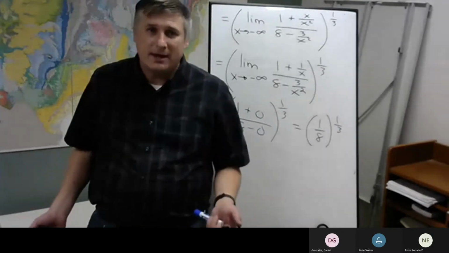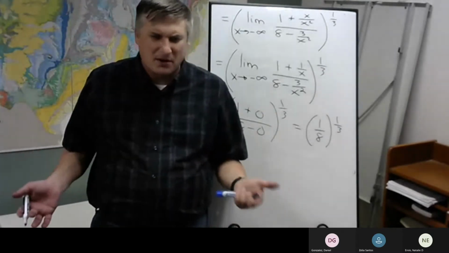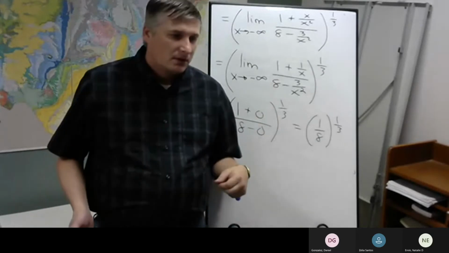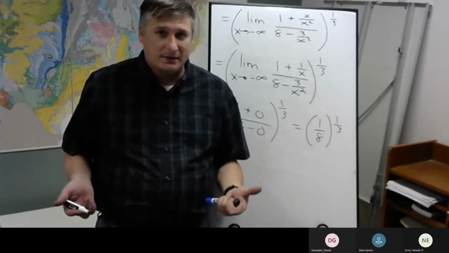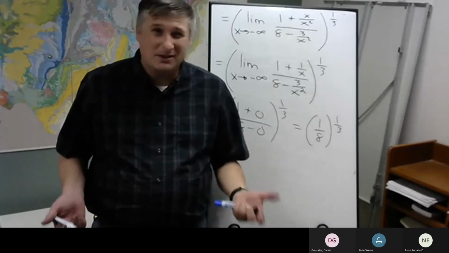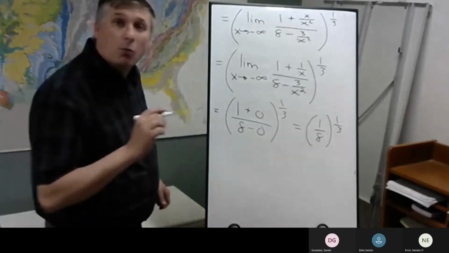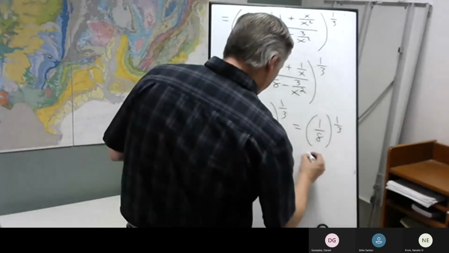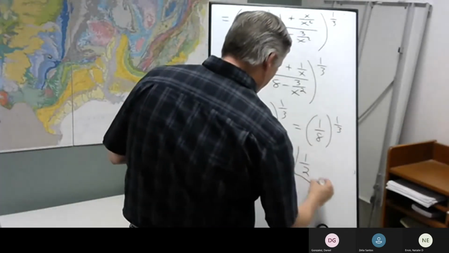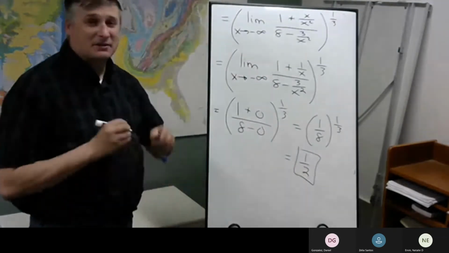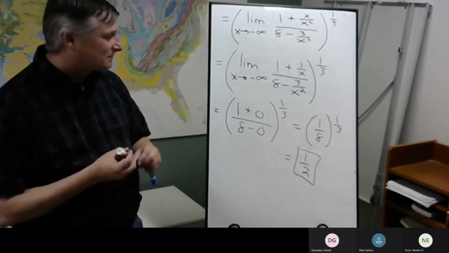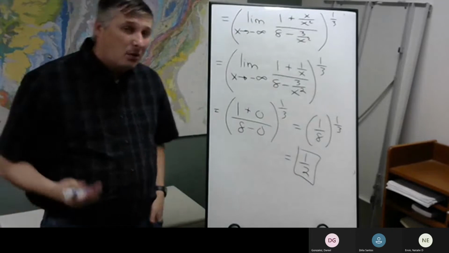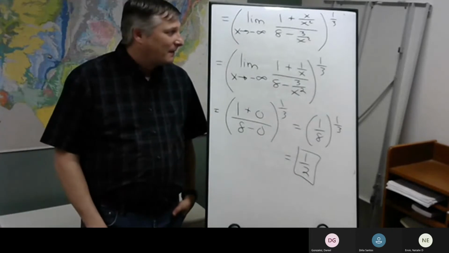So the cube root of 1/8, what number times itself, in other words, 3 of these numbers multiplied together, what number gives you 1/8? Well, it's 1/2. And that's going to be your answer. So questions about that?